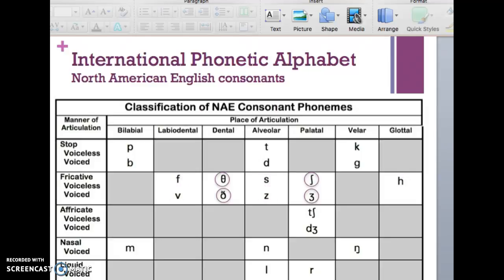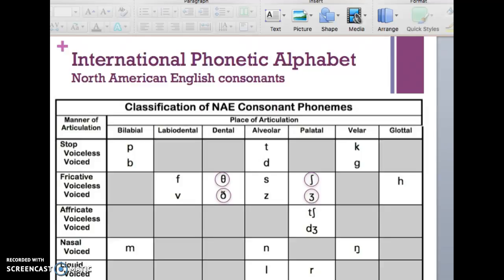These four symbols are new to you. Dental fricatives are those that you need your teeth to make. This top sound is a theta. Theta, we can think of it as a th, as in think.